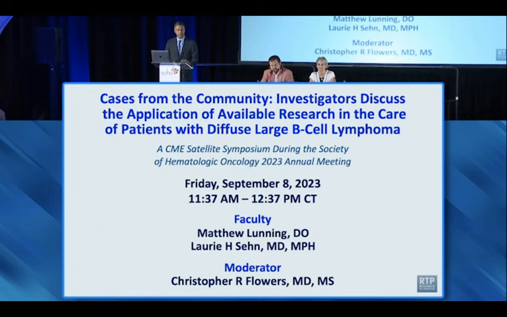What about epcoritamab? Epcoritamab is also a CD3, CD20 bispecific antibody that is now approved and available. This is actually a subcutaneously administered compound designed to be given a little bit differently, so weekly in the first 3 cycles, and then biweekly, and then inevitably every 4 weeks to be given indefinitely.